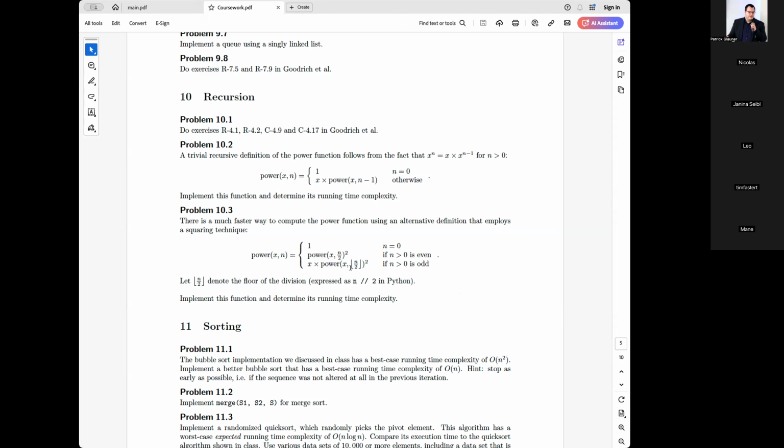This here is the flooring sign. So you floor a 2.5, and that's a 2. And then you say x times this recursive power squared. You can test this out on a piece of paper, and you will see that this will run, if implemented correctly, much faster than your power here, especially when you make n very large.